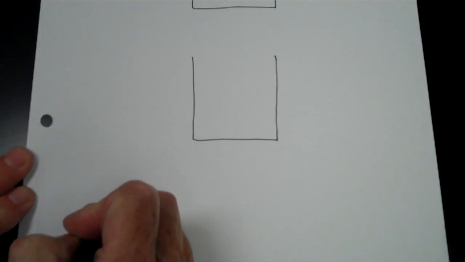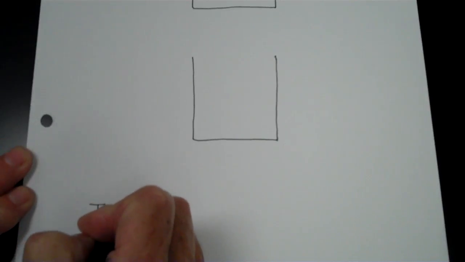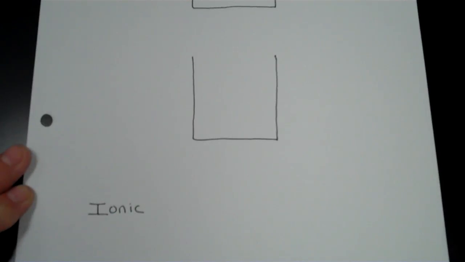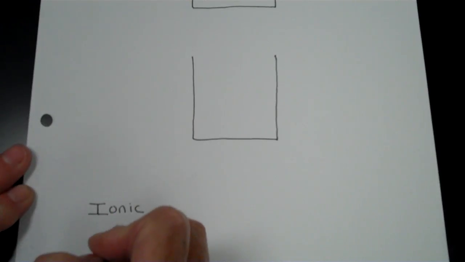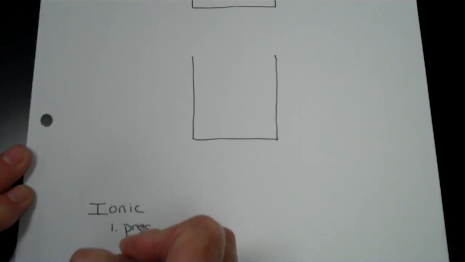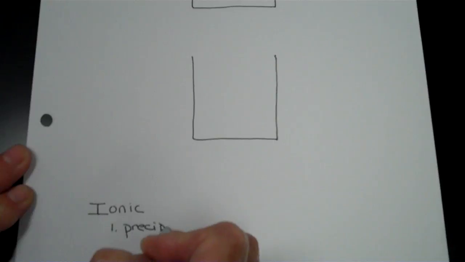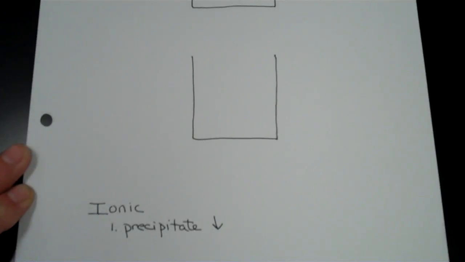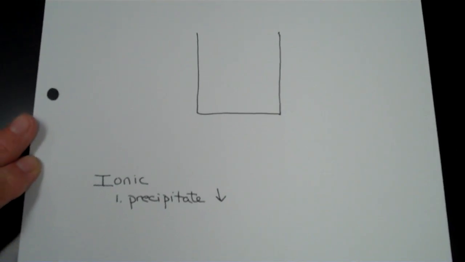So for a reaction to be ionic, you might want to have a precipitate formed. I'm going to use a down arrow to represent any sort of precipitation.